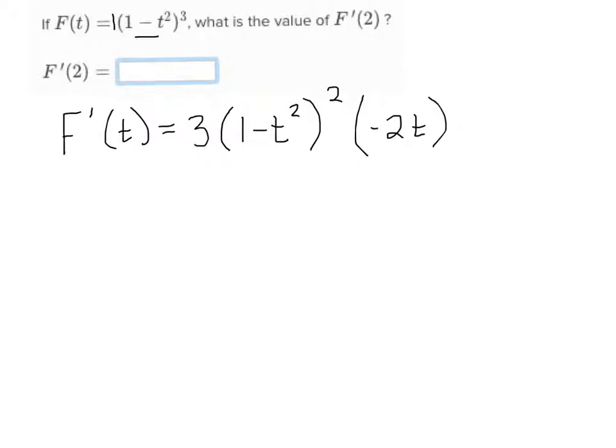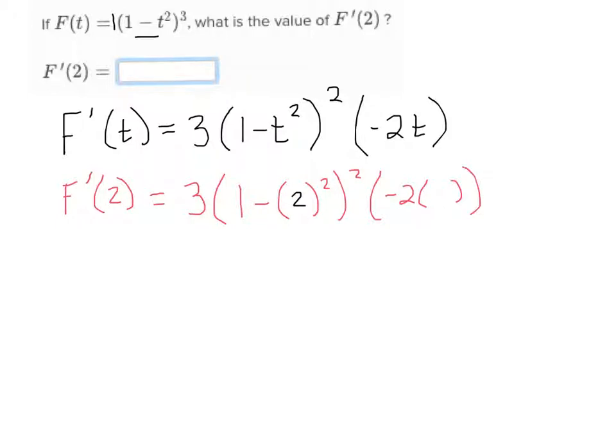So I've got f prime of 2 equals 3 times 1 minus 2 squared, all squared, times negative 2, and in the place of t, I'm going to put a 2.